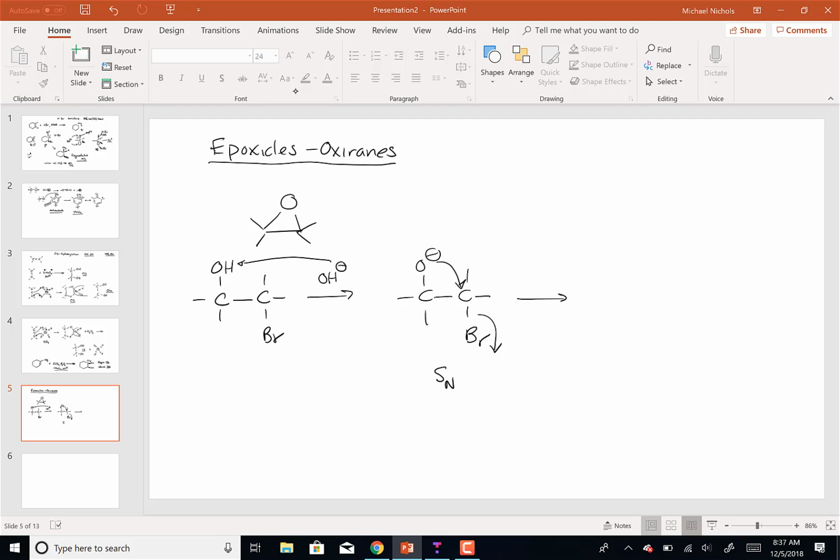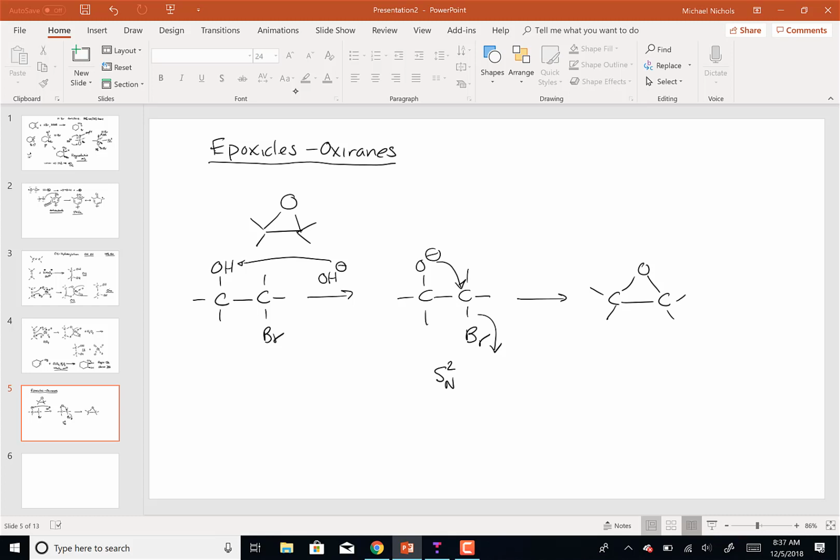This is an SN2 mechanism, and then we can form our carbon-oxygen bond and form our epoxide. So when we made bromohydrins, it wasn't quite clear what the use of those was. The use of those is that you can use them to make epoxides. Okay, so that's one way to make epoxides.